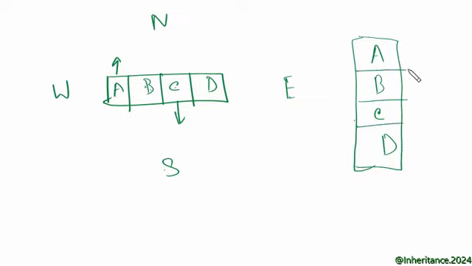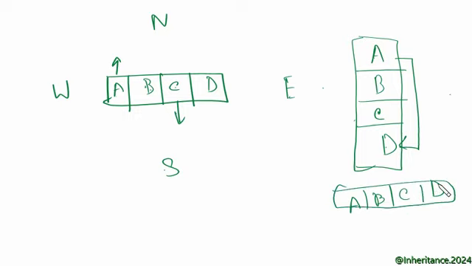If it is A, B, C, D like this, then this is east and west. If I see D is third east of A, then you have to take it like this. But you can also rotate it into A, B, C, D, and you can also solve it using the north south method.